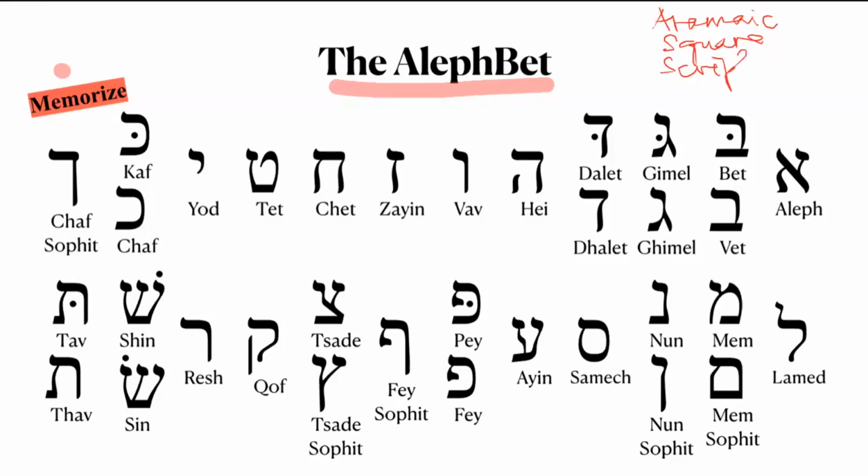And so as we go through, I'll give you some of the history and some of the things that as an adult you would appreciate. Kids don't care what these scripts are. These are the scripts that were adopted after they went to Babylon in exile.